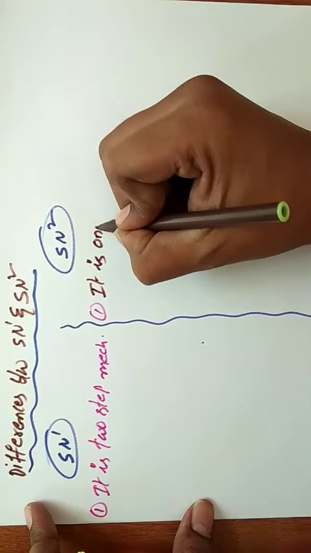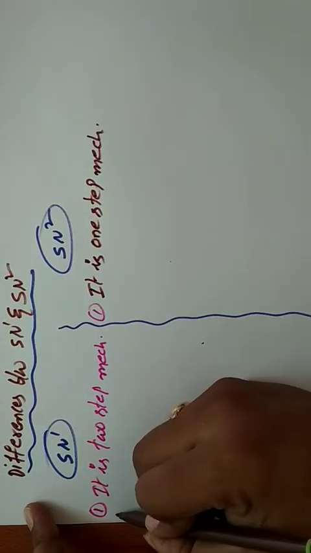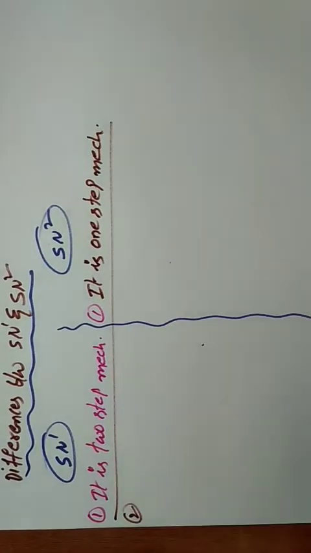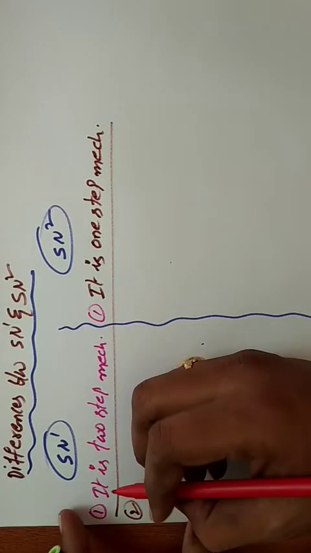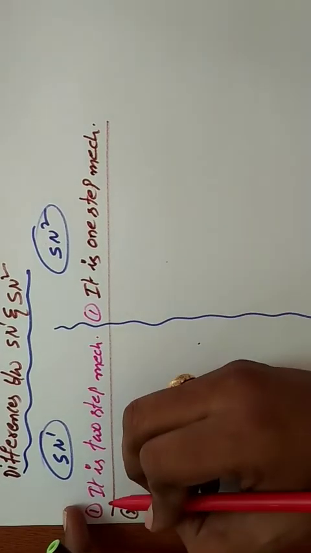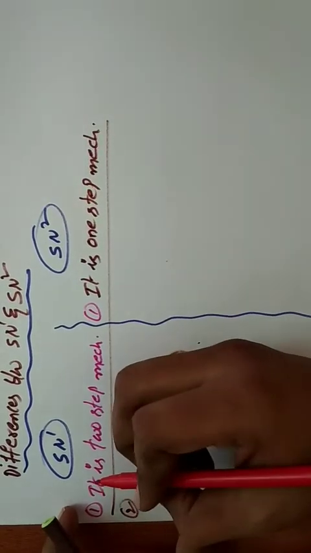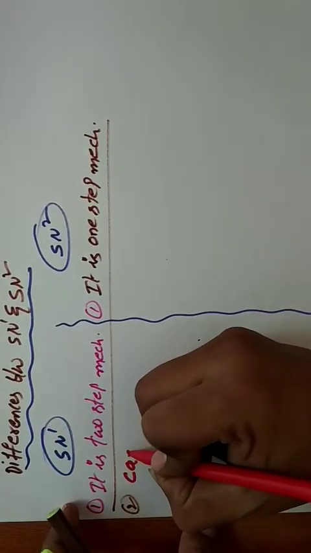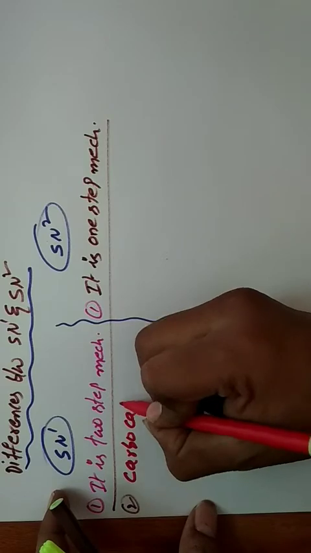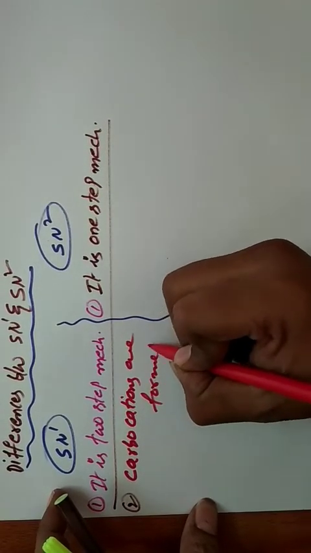Second point. In SN1, carbocations are formed as an intermediate. Cations are formed. In SN2, a transition state is formed here. This is the second point.